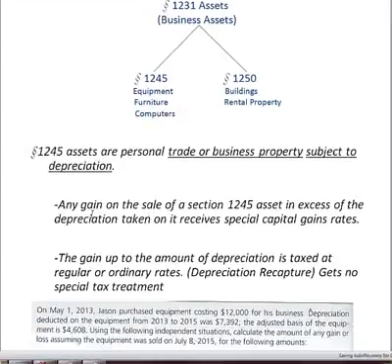Any gain on the sale of Section 1245 assets in excess of depreciation gets preferential tax treatment or capital gain rates, and we know that those are lower than our ordinary tax rates that we typically pay. Then the gain on the amount of depreciation is taxed at regular or ordinary rates, and this is called our depreciation recapture, and it gets no special tax treatment.